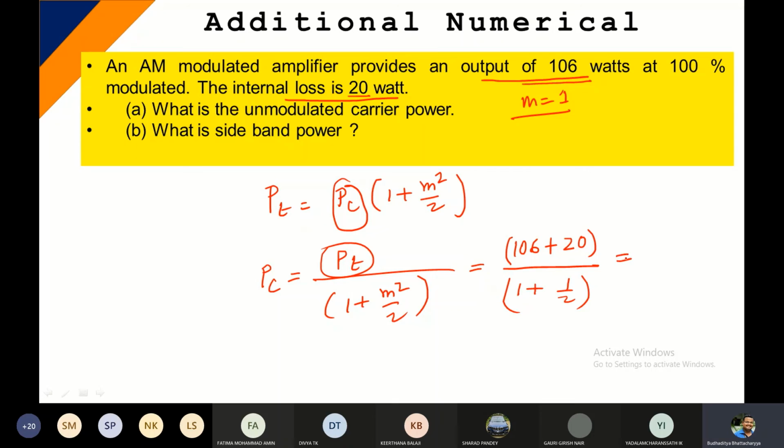The overall calculation gives us a carrier power of around 84 watts. Similarly, we can find out the USB and LSB. The USB and LSB are the same, and that is equal to PT n square.